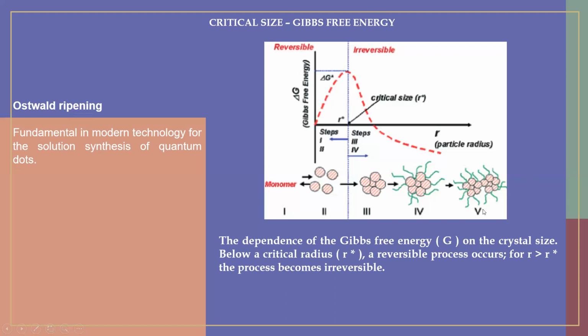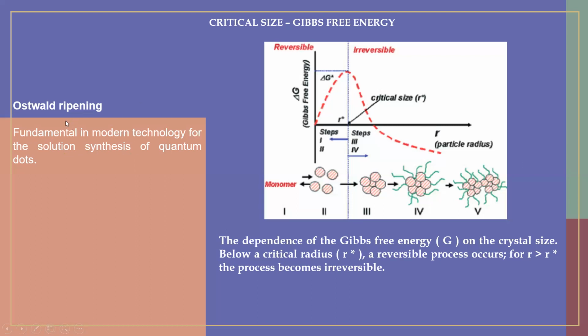We can define this in terms of Gibbs free energy, and in terms of solution growth, this process is also called the Ostwald ripening process, which is fundamental in modern technology for the solution synthesis of quantum dots.